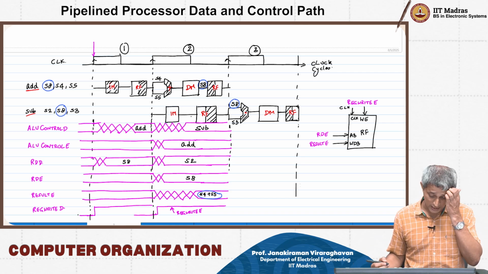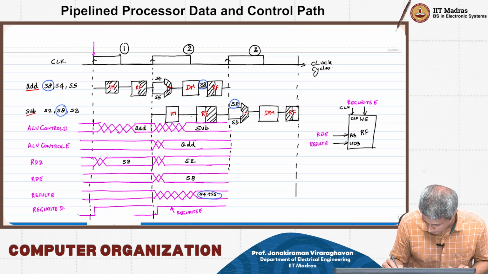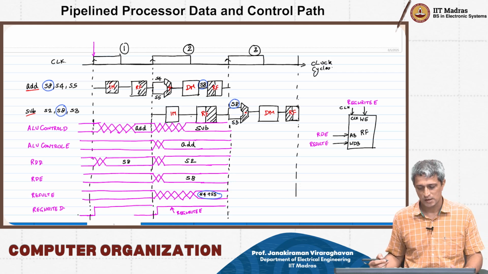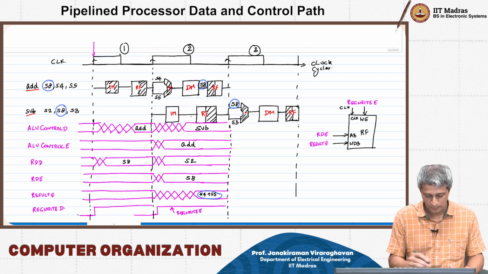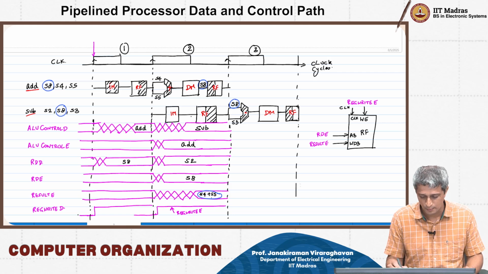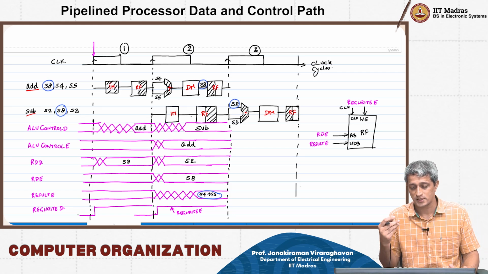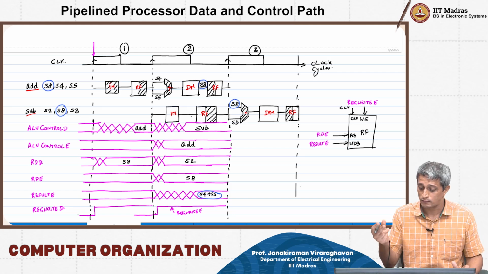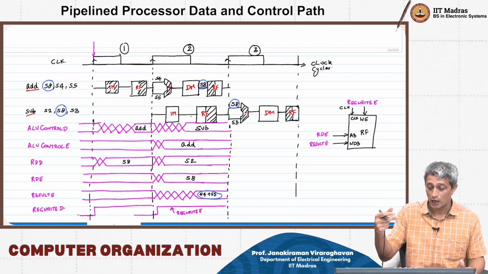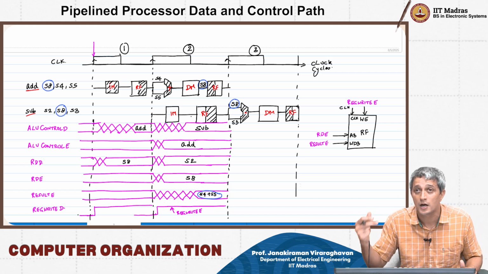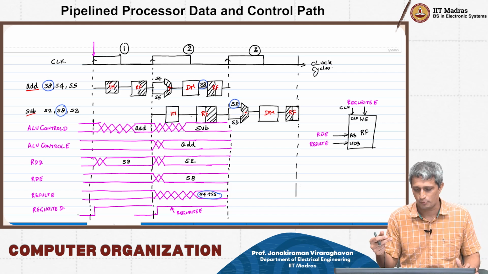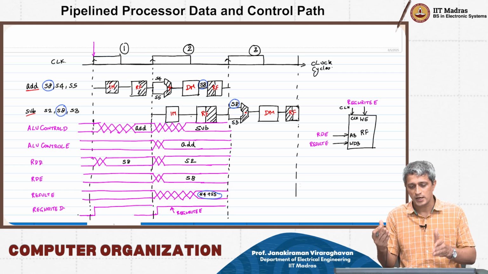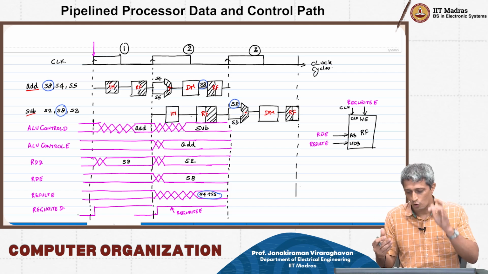Now the result E here is supposed to get that, and that can happen only in the third clock cycle for the subtract instruction, because in the second clock cycle it is only the fetch and decode that is happening.